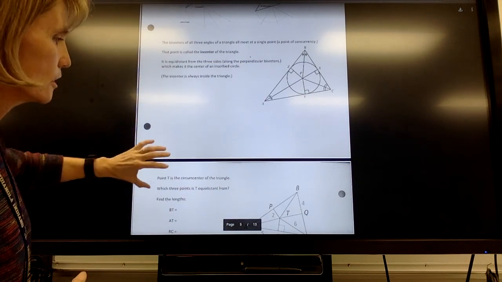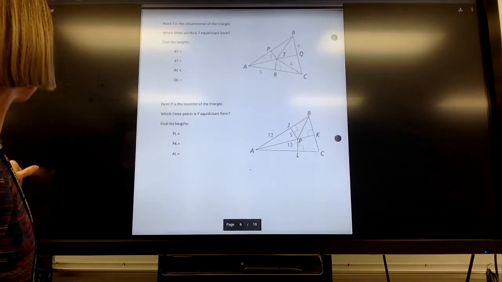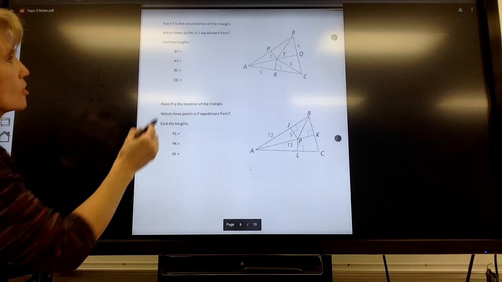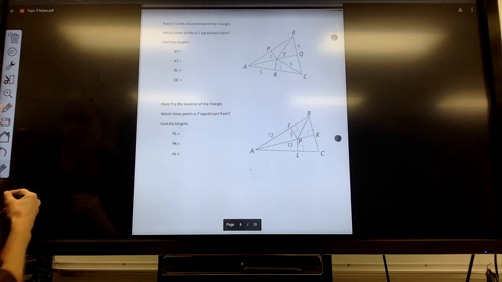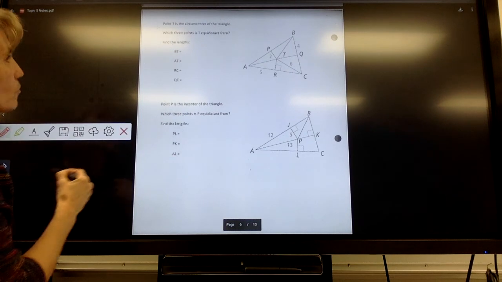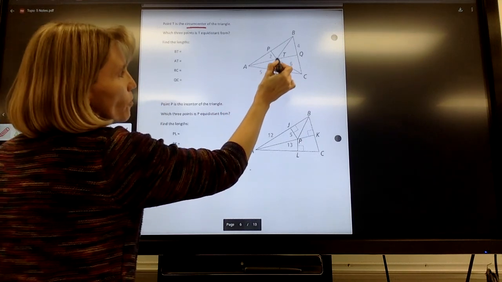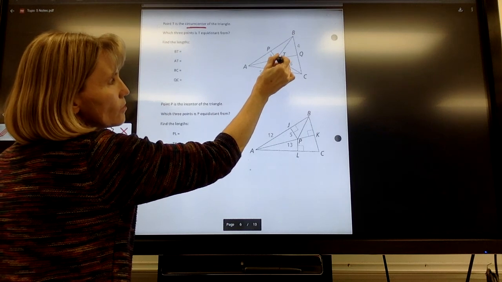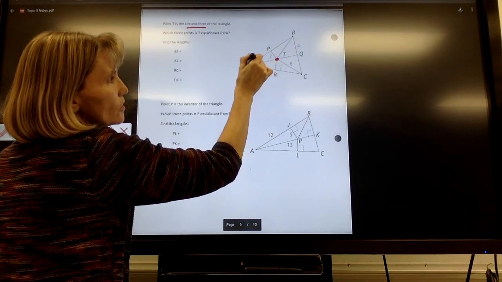Now, how do we use this information? Well, you're going to get some puzzles like this, and you're going to have to find different lengths or different values. So it says point T is the circumcenter of the triangle. Okay, so if I'm dealing with a circumcenter, that means that the circumcenter is equal distance to the three corners or the three vertices of the triangle.